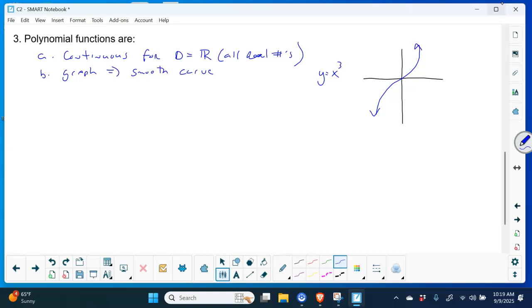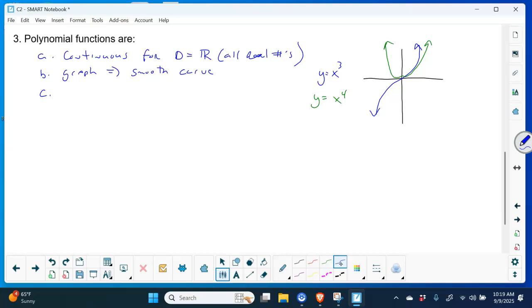So, you know, something like this, y equals x to the fourth, looks something like this, right? But it's a smooth curve, and it, again, it has all kinds of variations. But that's the idea. Smooth curve is what you want to understand.